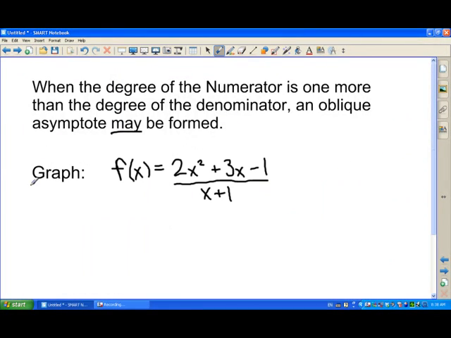So our investigation today is going to involve graphing this function, 2x squared plus 3x minus 1 all over x plus 1. And we're going to do this like we did in class, so we're going to have some steps to follow. We'd like to factor, if we can, so we'll factor the numerator and the denominator if we can. We'd like to identify our asymptotes.